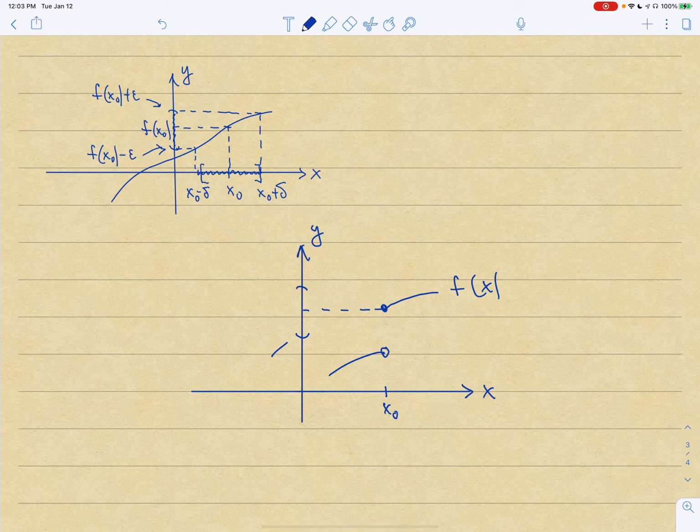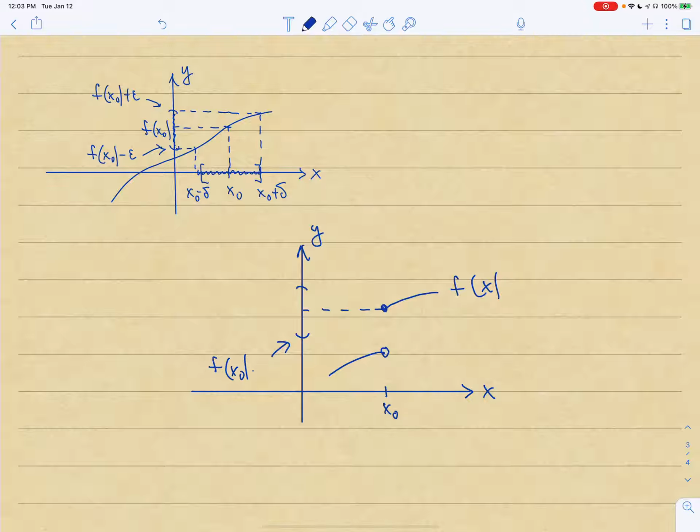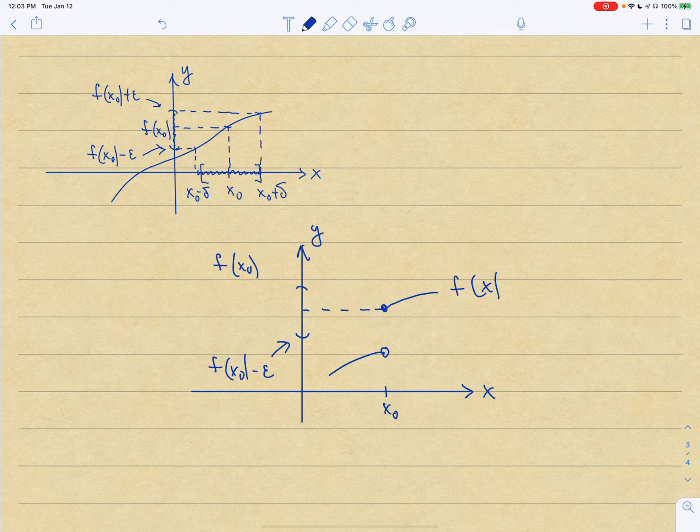So this would be f of x0 minus epsilon, f of x0 plus epsilon, and f of x0 itself. So I chose epsilon like this. I'm now forcing f of x to be inside this interval.